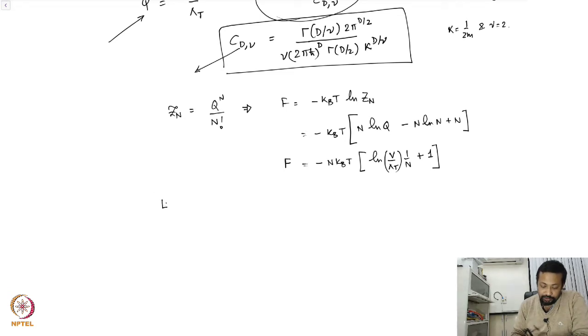Therefore the energy E is kB T squared del T of ln of Zn.